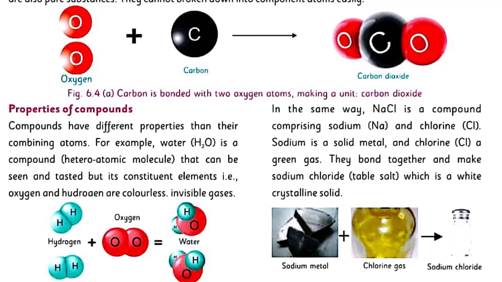In the same way, NaCl is a compound comprising sodium and chlorine. Sodium is a solid metal, and chlorine a green gas. They bond together and make sodium chloride, which is a white crystalline solid.